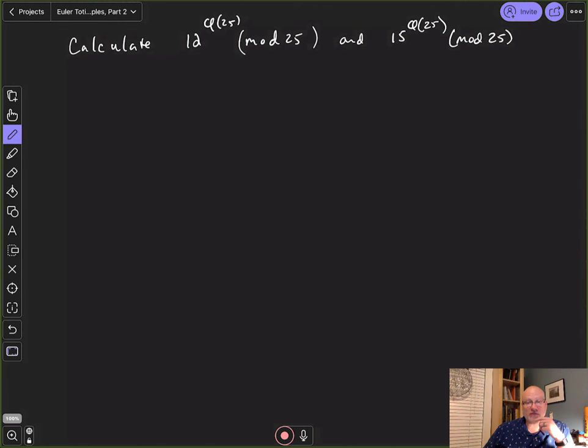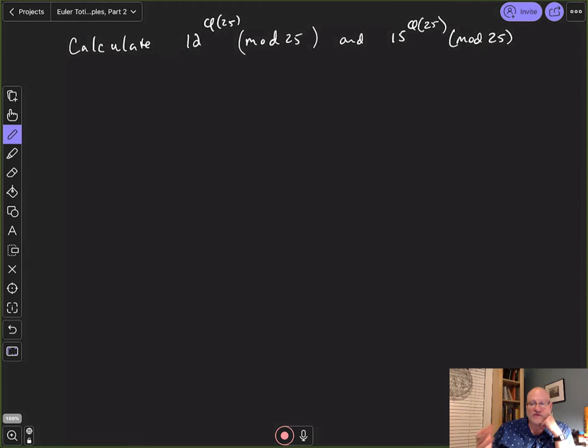Well, the phi function of a prime number is that prime number minus 1. So for instance, if p was 7, then phi of 7, well, every number 1 through 6 is relatively prime to 7. Therefore, phi of 7 is 7 minus 1, which is 6.